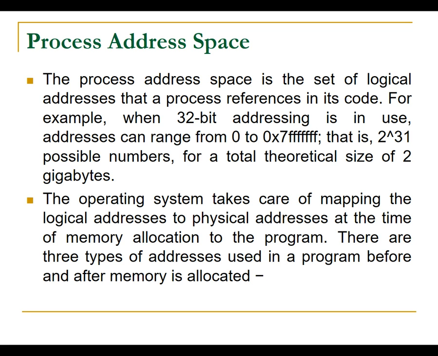This is just an example; the address might change as the process changes. The address looks like 0, then the symbol of cross, we can say the symbol of multiplication, 7, then 1, 2, 3, 4, 5, 6 and 7F.